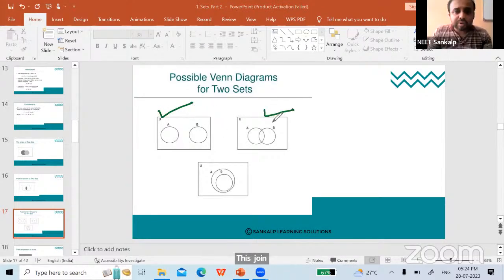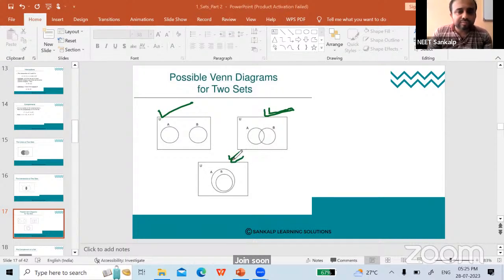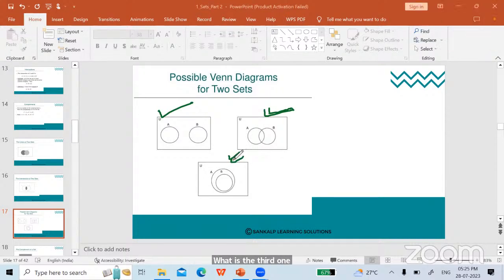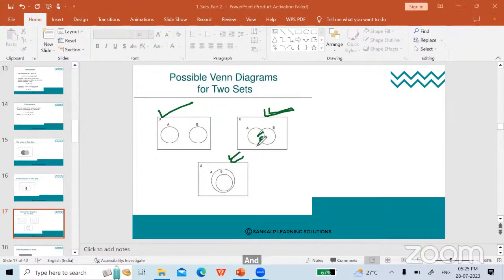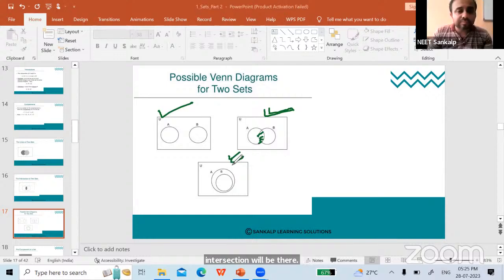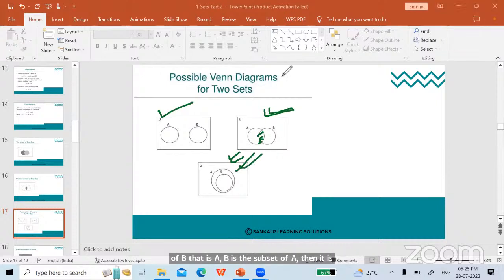What does the second diagram represent? Joint set. Third one. What is the third one? Intersection set. Not intersection, here there will also be an intersection. It represents this: if A contains all the elements of B, that is B is a subset of A, then it is represented this way. Is that clear? Yes, sir.